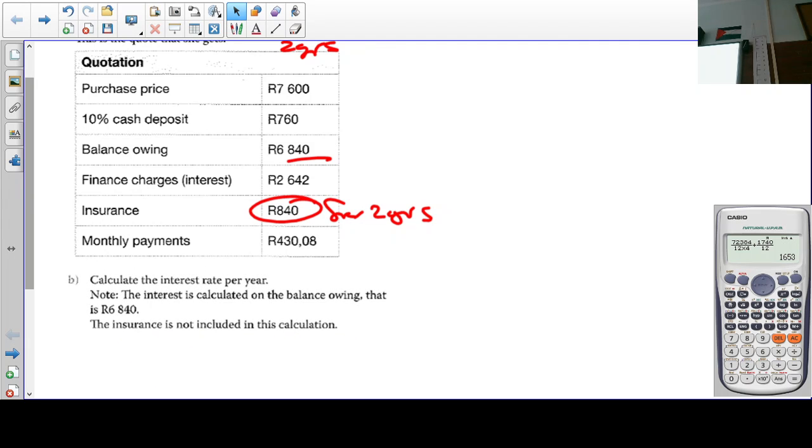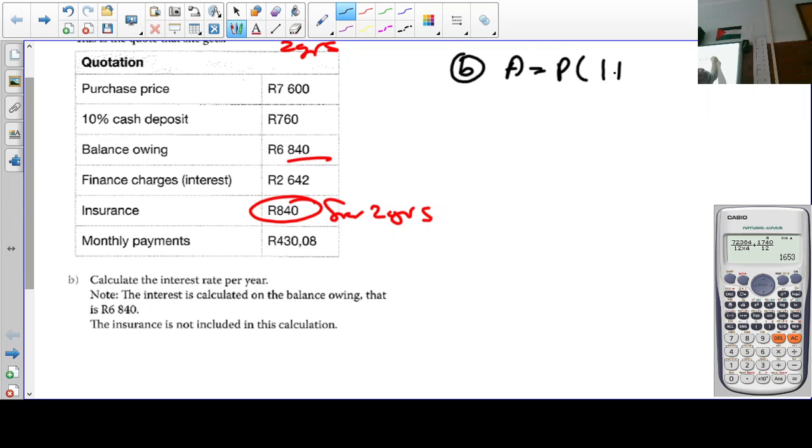Same story. Okay. In B it says calculate the interest rate per year. Note that the interest is calculated on the balance owing. That amount is 6,840. The insurance is not included in this calculation. Okay? So what do we do there? We use the formula A is equal to P into 1 plus i times n.